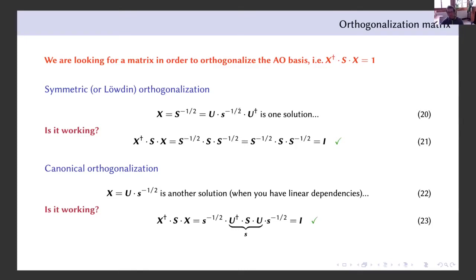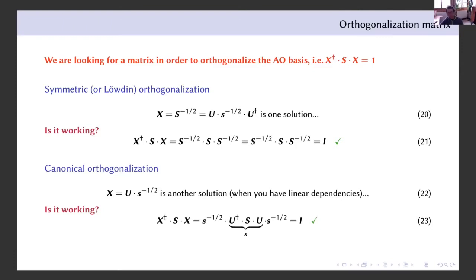And normally S is a positive definite matrix because it's a metric, and so you don't have any problem. But if you have linear dependencies in your basis set, you're going to have trouble, so you have to be careful, okay?